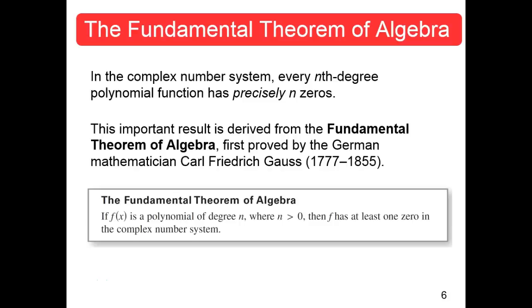Well, you've got to start with 1. That sounds awfully innocuous, doesn't it? Well, so what? But that's where it all begins. It may not even be a real zero. It may be an imaginary zero, but it always has at least 1. And then from there, you can show that it has precisely n zeros.